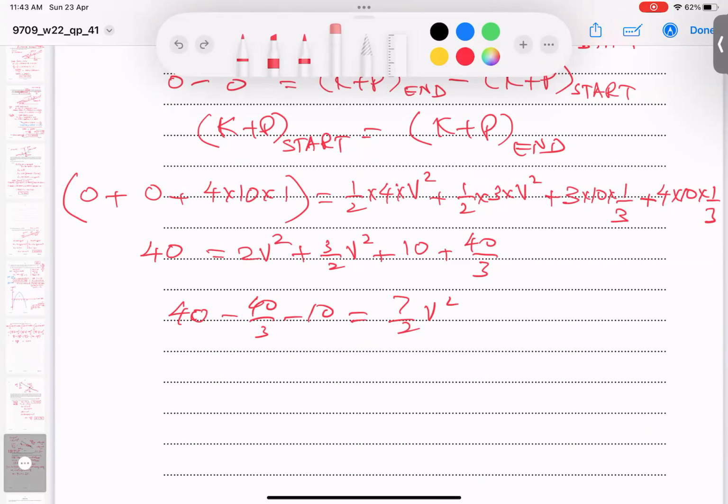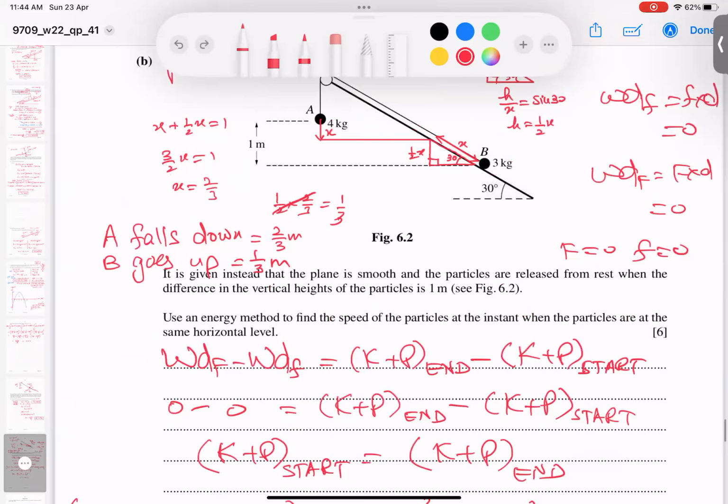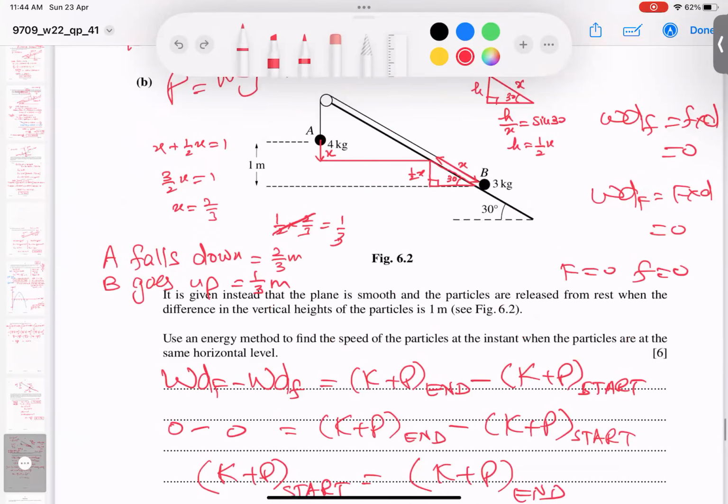One more mistake was there. I hope you got it clear. So the answer is coming 2.18. Okay, make sure of one thing, why this plus sign.